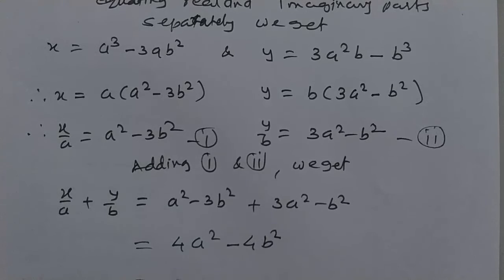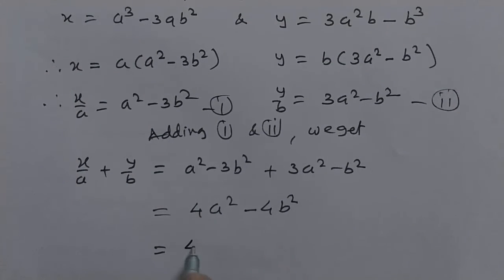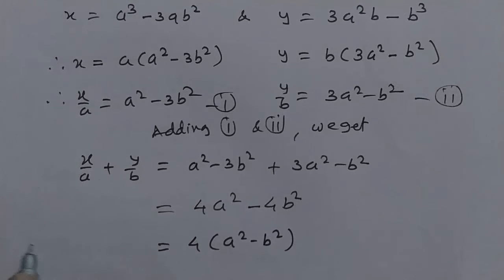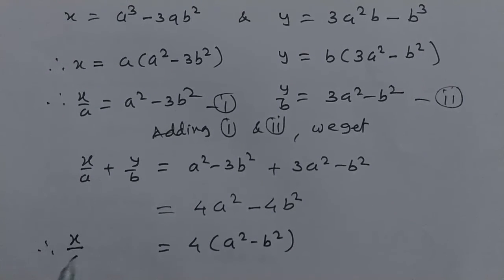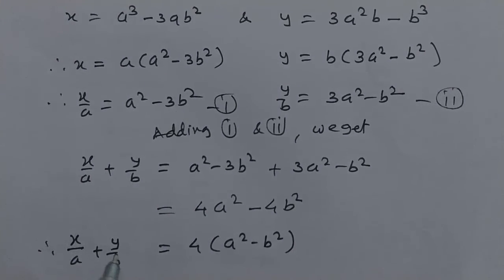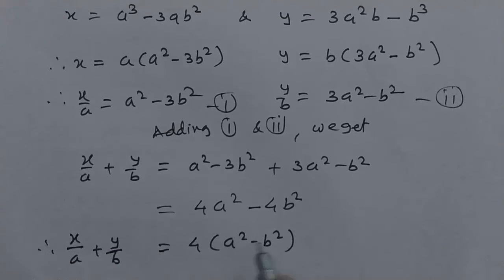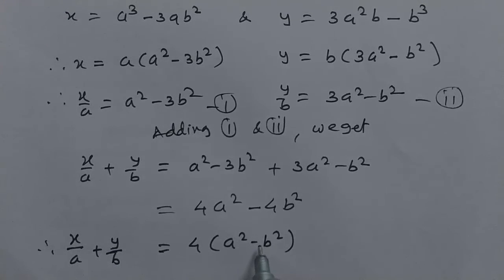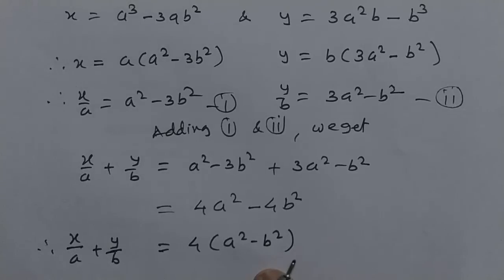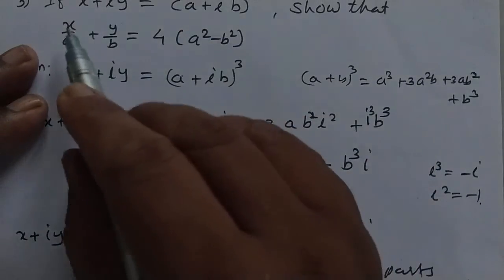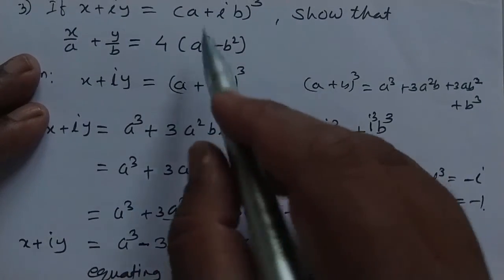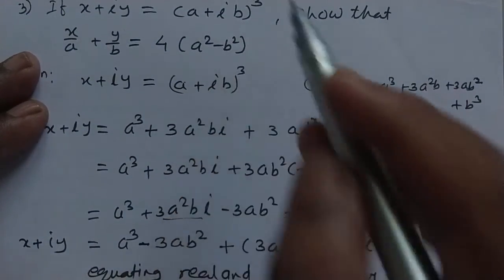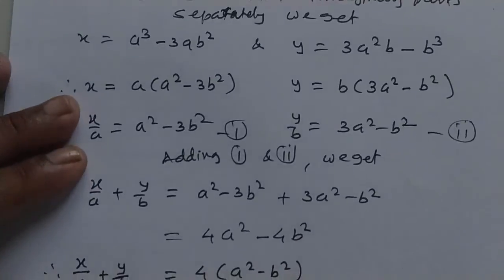Again 4 is common, so taking 4 common, a squared minus b squared, and therefore we got x upon a plus y upon b is equal to 4 times (a squared minus b squared), which is exactly the same as we are asked. We have to show x upon a plus y upon b is equal to 4 times (a squared minus b squared). Hence the result.